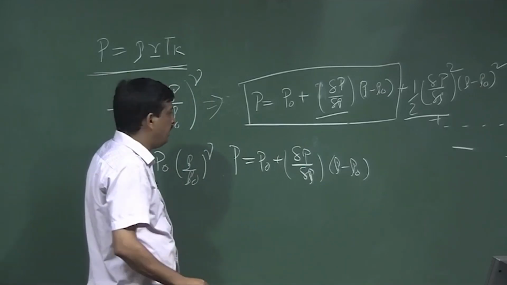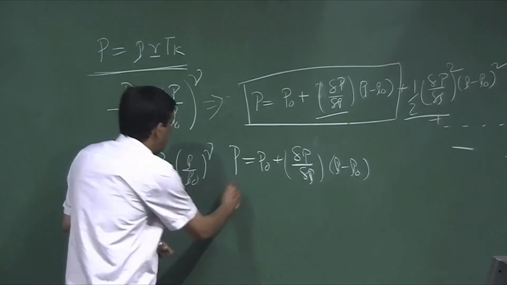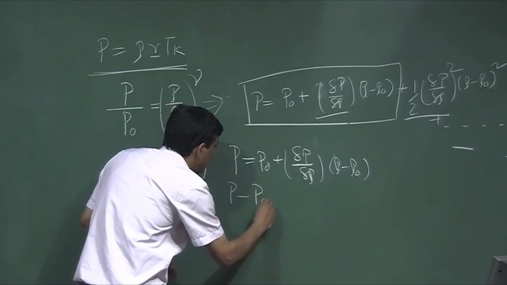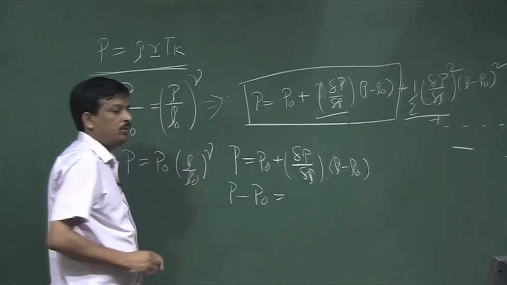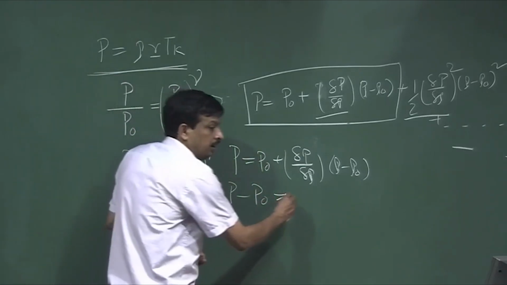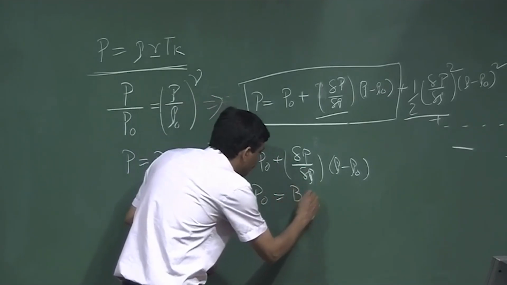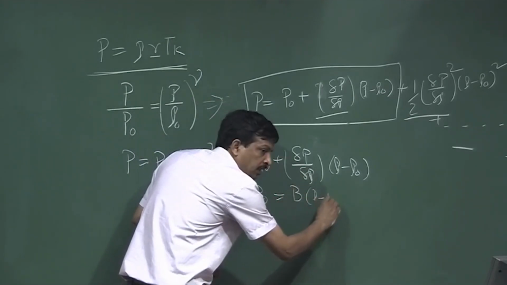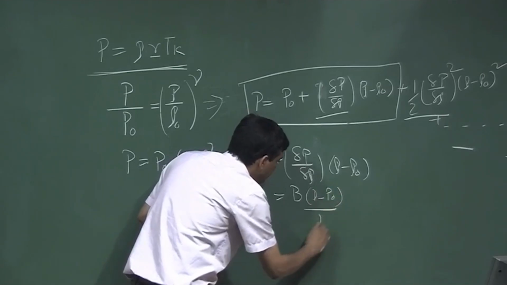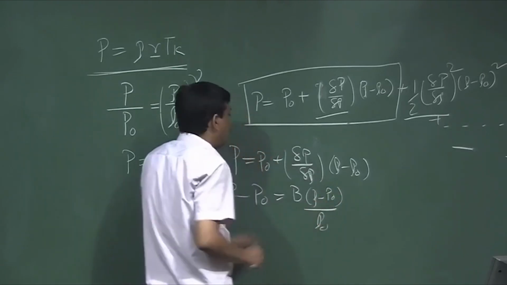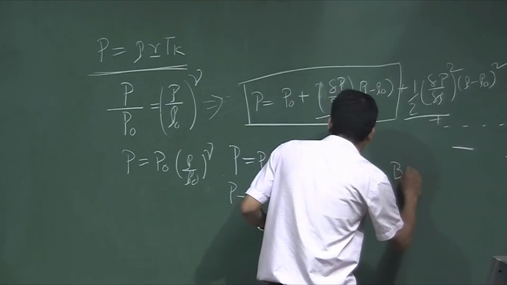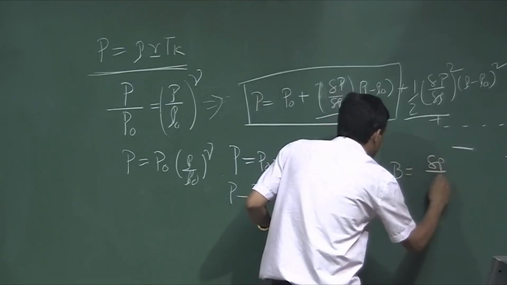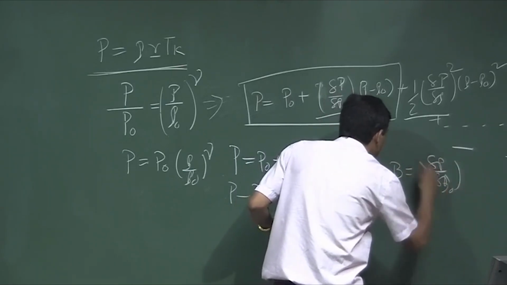Now, if I consider that P minus P0 is equal to B into rho minus rho 0 divided by rho 0, what is B? B is nothing but del P by del rho into rho 0.